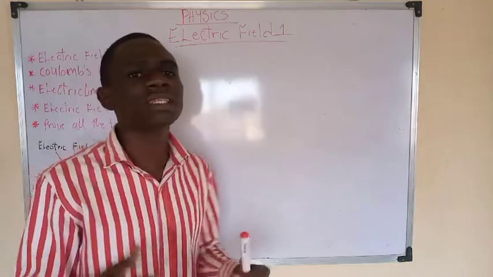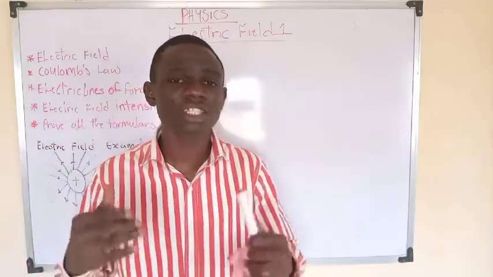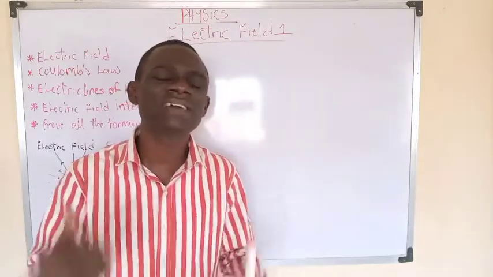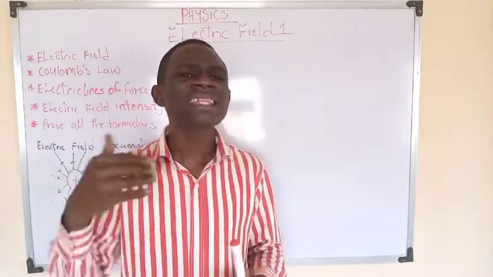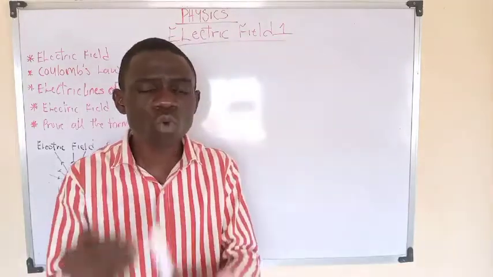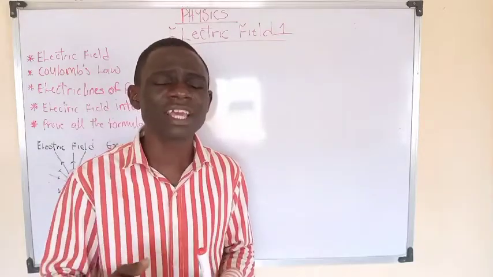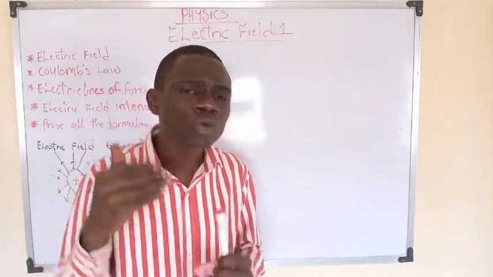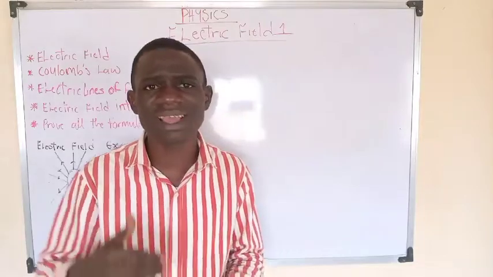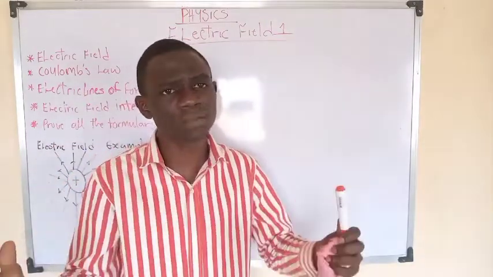What does Coulomb's law state? Coulomb's law is a law in physics founded by French physicist Charles Coulomb in the year 1785. He stated that the electric force between 2 point charges Q1 and Q2, separated by a distance r, is directly proportional to the product of the charges and inversely proportional to the square of the distance between their separation.